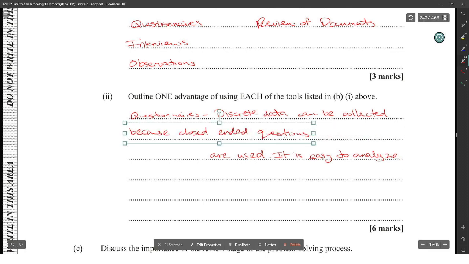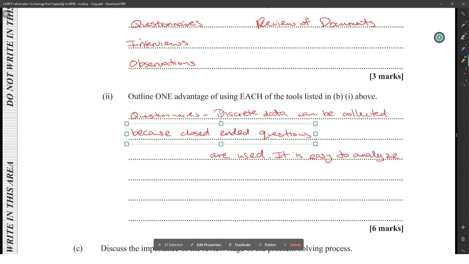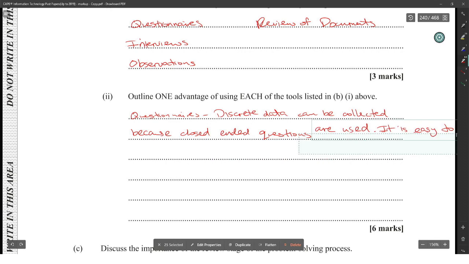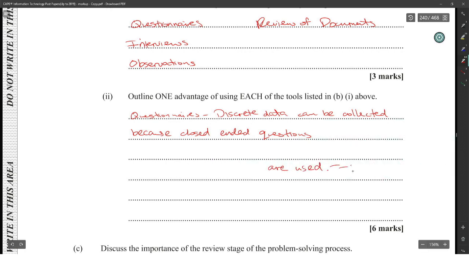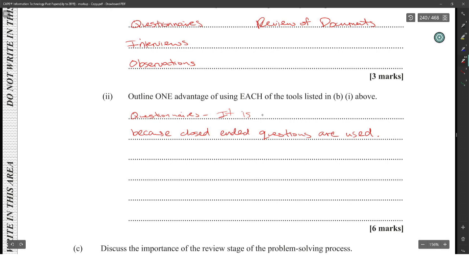I'll take out the discrete data, and put: it is easy to analyze because closed-ended questions are used.